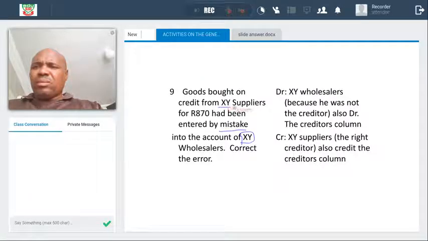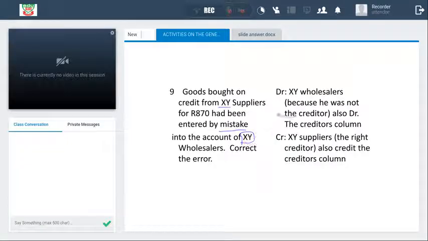So we were supposed to credit the XY supplier, but they mistakenly credited XY wholesaler. So we go back and correct the error by debiting XY wholesaler because he was not the creditor, and also debit the creditors control column. And then we now credit the right person, XY supplier, the right creditor, because he is the right person. And we also credit the creditors control column.